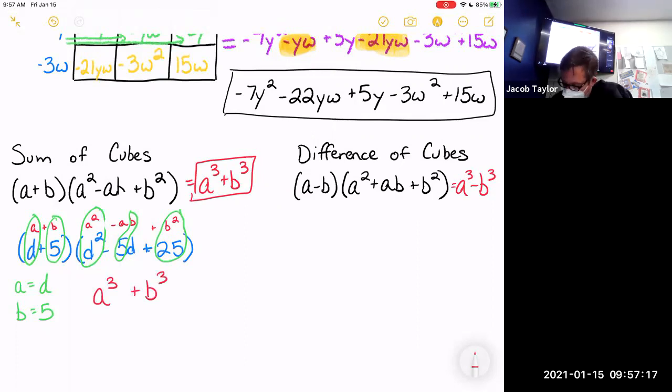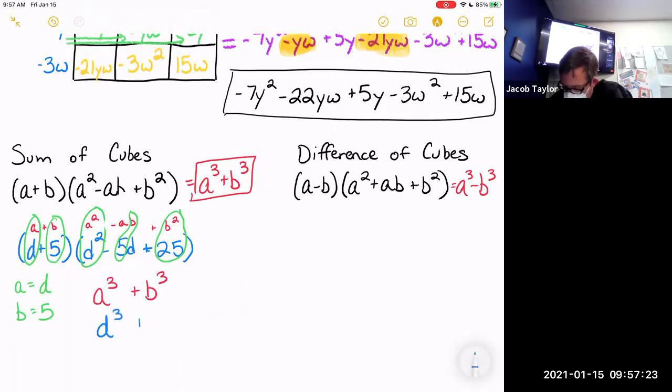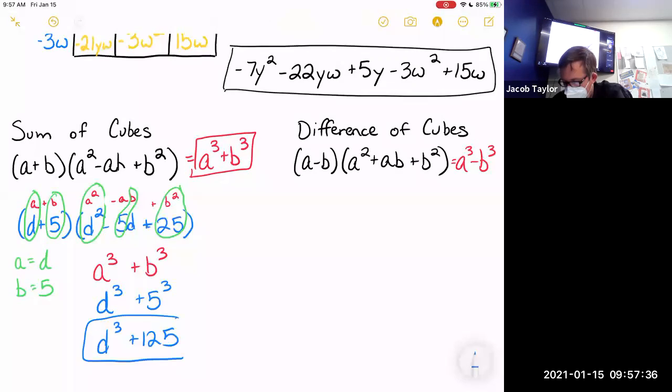Then you can't use this. This will give me d cubed plus 5 cubed. Now d cubed plus 5 cubed is a perfectly acceptable answer. But the value of 5 cubed is 125, so we could also write it as d cubed plus 125. D cubed plus 5 cubed is fine if you're lazy.